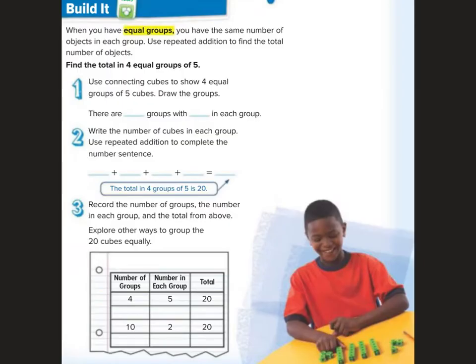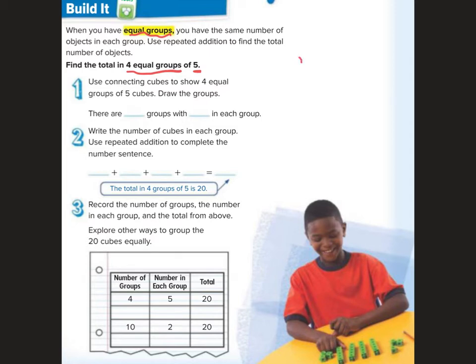All right, so when you have equal groups, you have the same number of objects in each group. Use repeated addition to find the total number of objects. So if we wanted to find the total in 4 equal groups of 5, we could draw a picture.